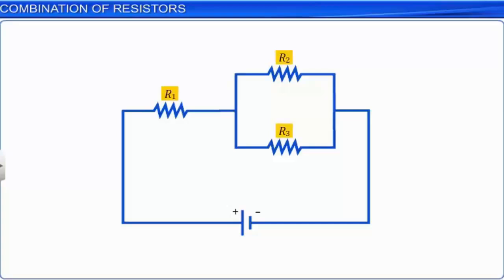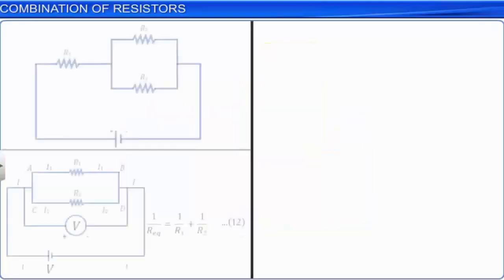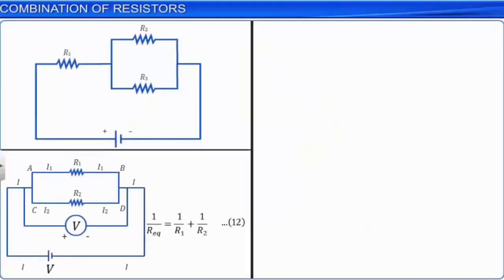R2 and R3 are in parallel combination. Their equivalent resistance R23EQ is calculated using equation 12.